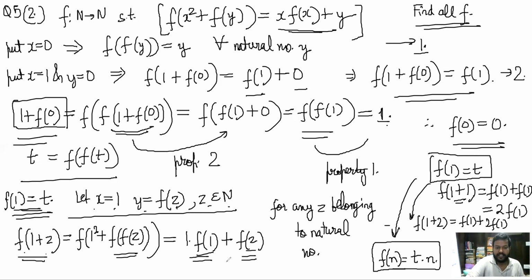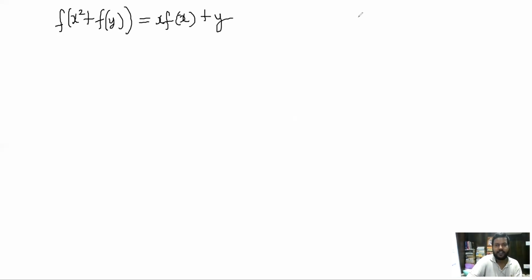So I'll just clear the diagram here. So our identity was, the question itself says, f of x square plus f of y is equal to x into f of x plus y. I have already proved that f of x is some t times x, right? Where t is equal to f of 1.